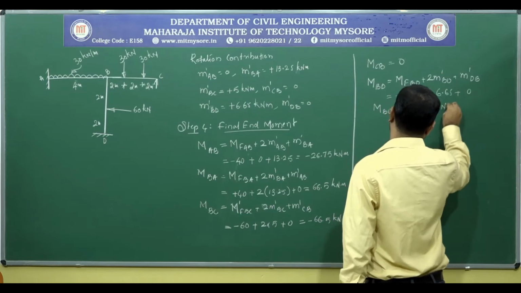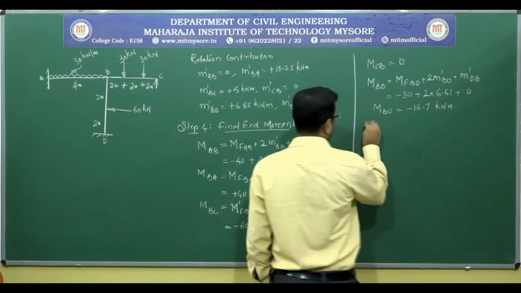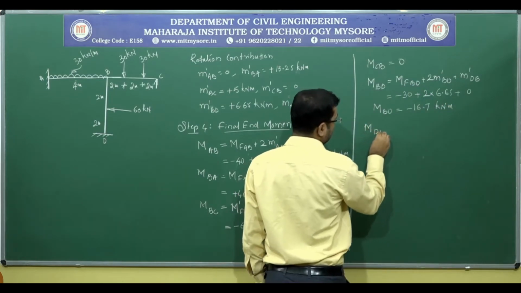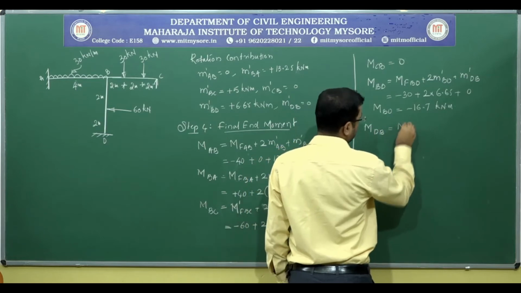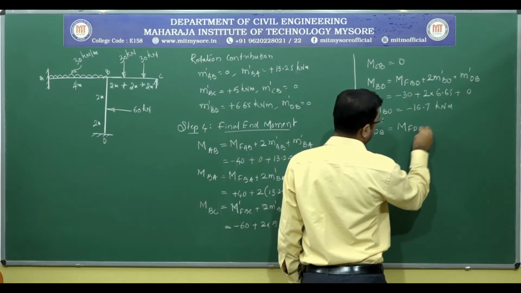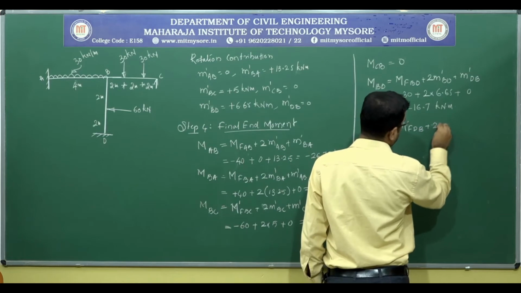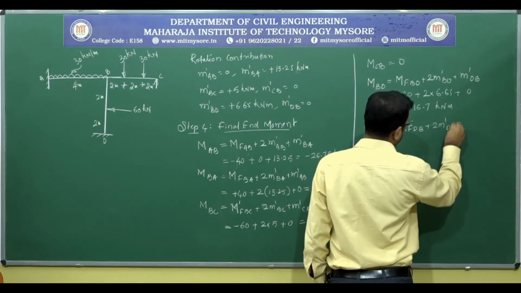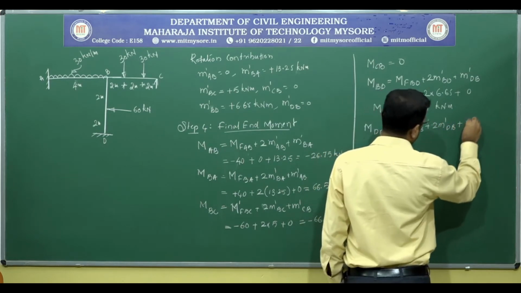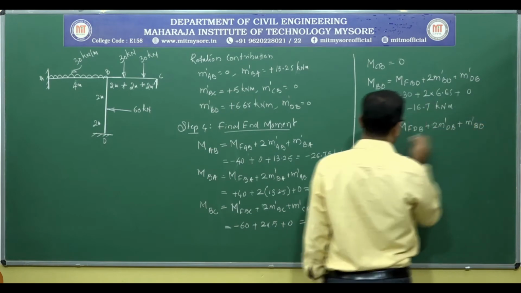16.7 kilonewton meter. And lastly, MDB is equal to MFDB plus 2 times M dash DB and 1 times M dash BD.